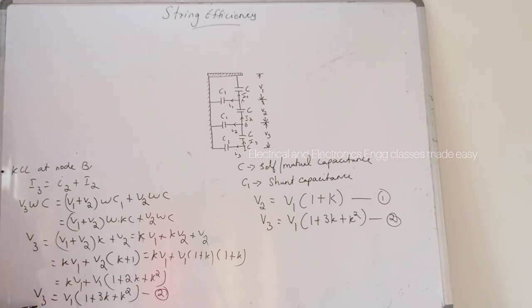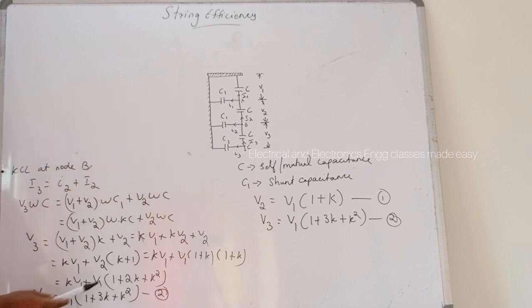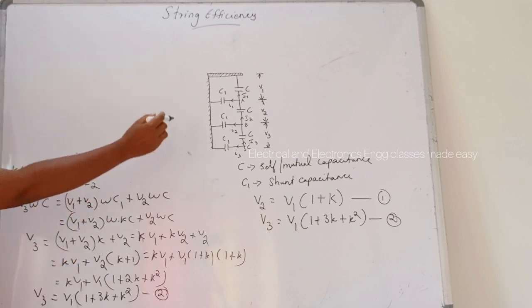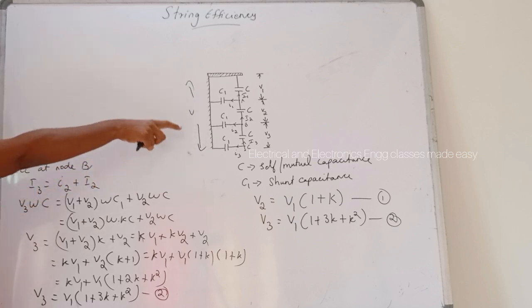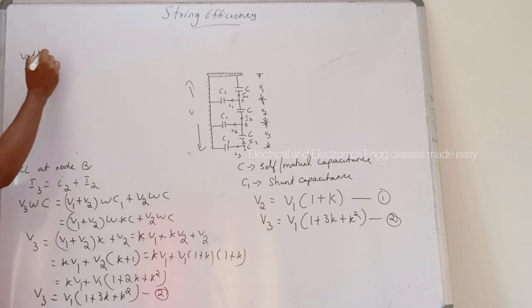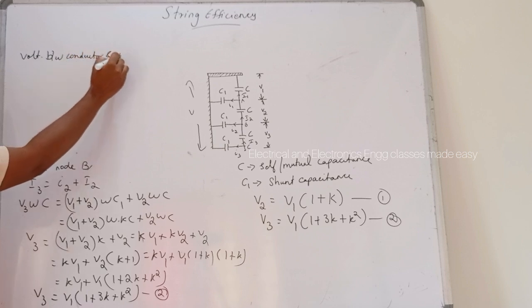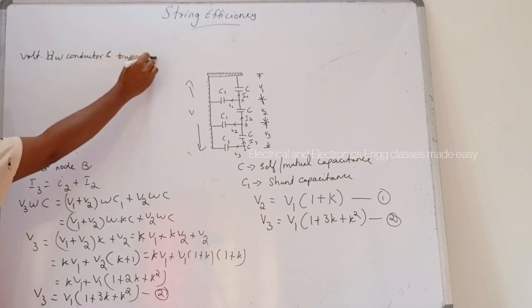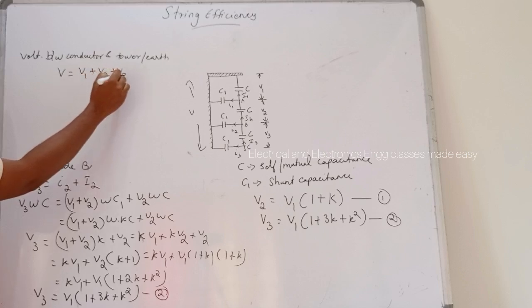So here V3 is the voltage across the disc nearest to the conductor. Now we have to find the value of the voltage across the string, that is the total voltage, the voltage between the conductor and the tower or earth. V is equal to V1 plus V2 plus V3.